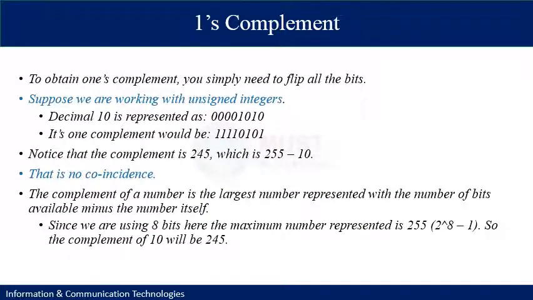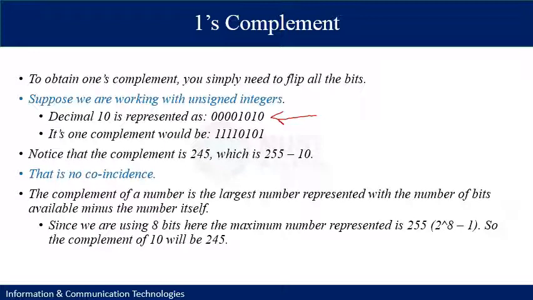So another method is to represent the number in ones complement to show its negative form. To obtain the ones complement, you simply need to flip all the bits. For example, the bits 00001010 are reversed.